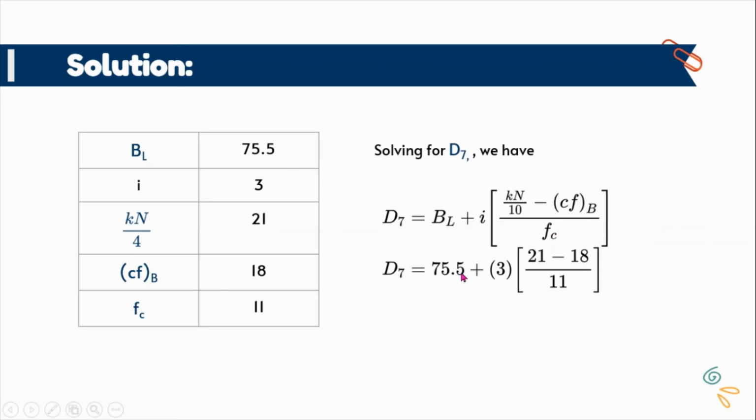So 75.5 plus 3, the value of the class size, times the quantity of 21, or the value of kN over 10, minus 18, the value of Cf sub B, all over 11, which is the value of F sub C. And that is the 7th decile, or D sub 7, approximately 76.30.